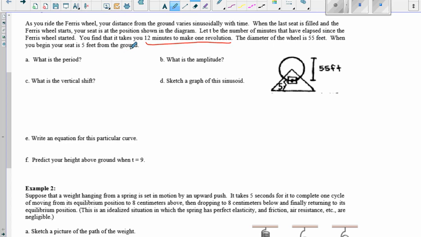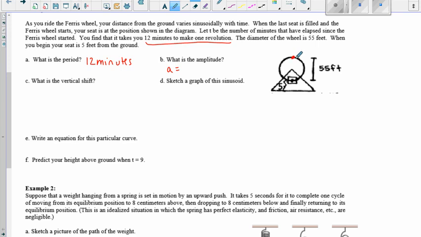So the first question asks us what's the period, which we just underlined. We know it takes 12 minutes to make one revolution, so the period would be 12 minutes. And then it says, what's the amplitude? Remember, the amplitude is going to be your maximum minus your minimum divided by 2. So we need to figure out what the max is.